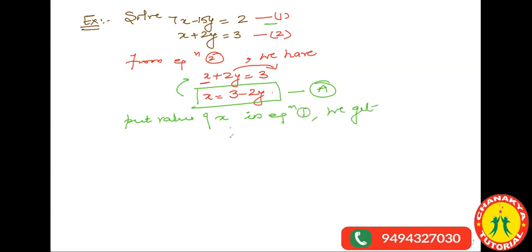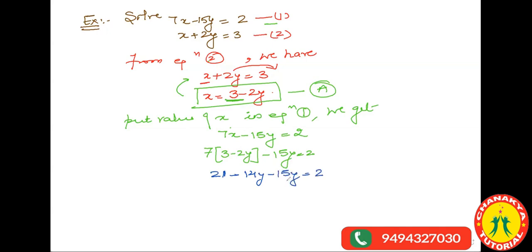We get equation 1, 7x minus 15y is equal to 2. So in place of x, write this 3 minus 2y, minus 15y is equal to 2. So now multiply: 7 threes are 21, 7 twos are 14y, minus 15y is equal to 2. Clear?